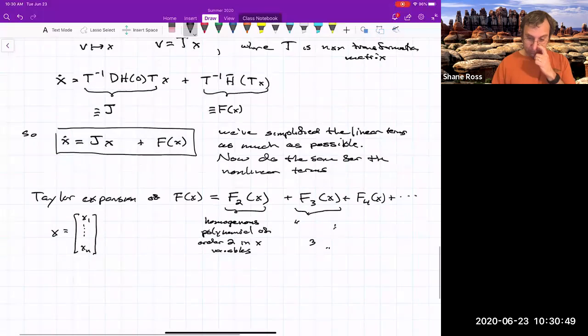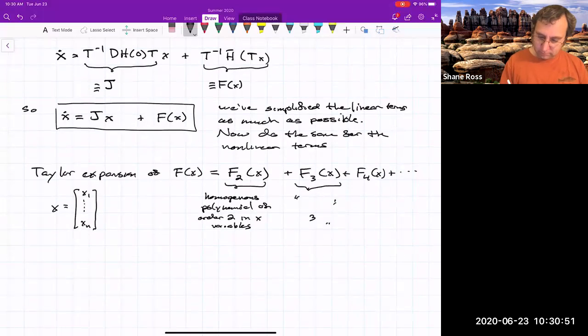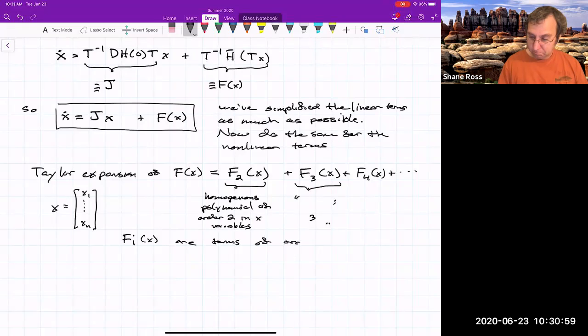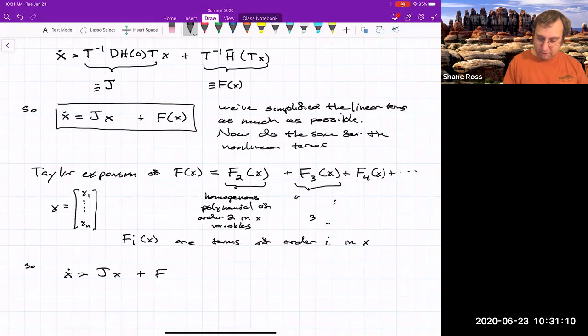So I guess we can summarize that: Fi are terms of order i. So now x dot is Jx plus f2(x) plus f3(x), and so on.